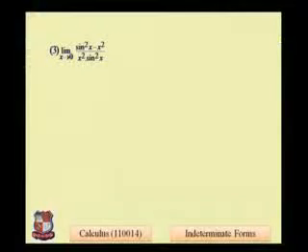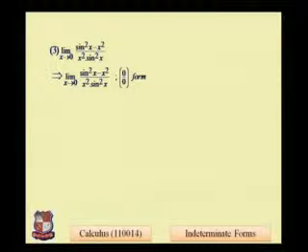Next sum is limit x tends to 0 sine square x minus x square upon x square into sine square x. Now it is clear to you that when you put x is equal to 0, it will be a 0 by 0 form. So ultimately you can promptly apply L'Hospital rule. But here I am not going to use L'Hospital rule directly.